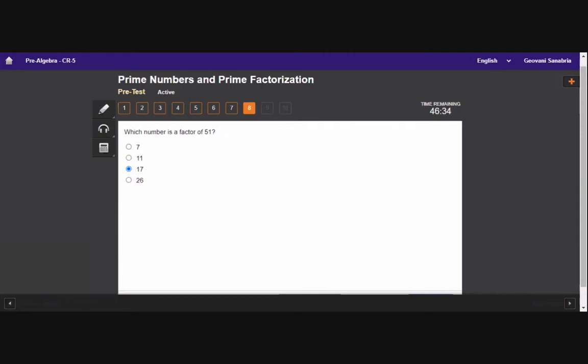So that means 17 is a factor of 51, but it also means 3 is a factor of 51, because you could also do 51 divided by 3 and you get 17. Does that make sense? Yeah, the 17 and the 3 are both factors of 51.